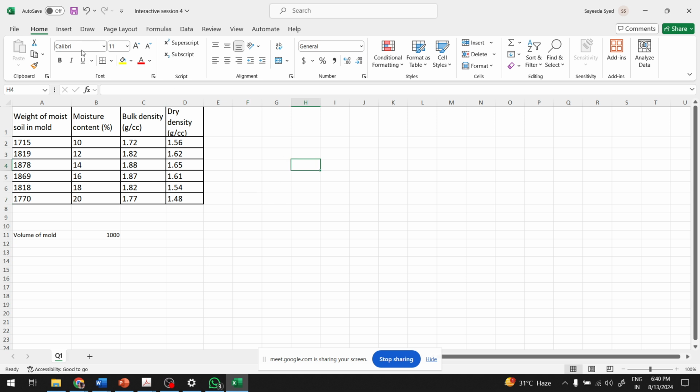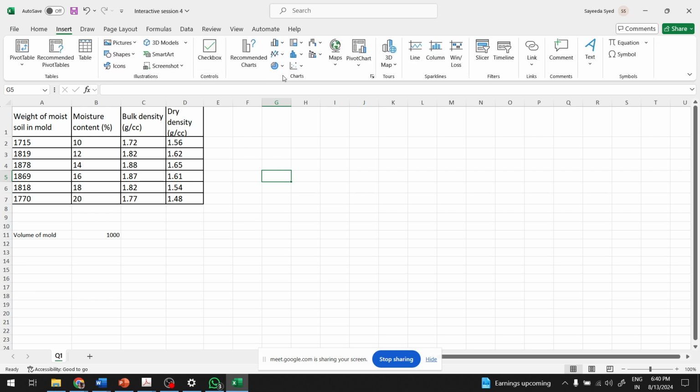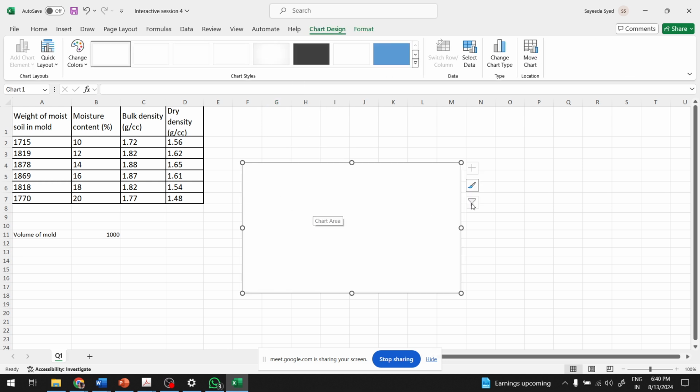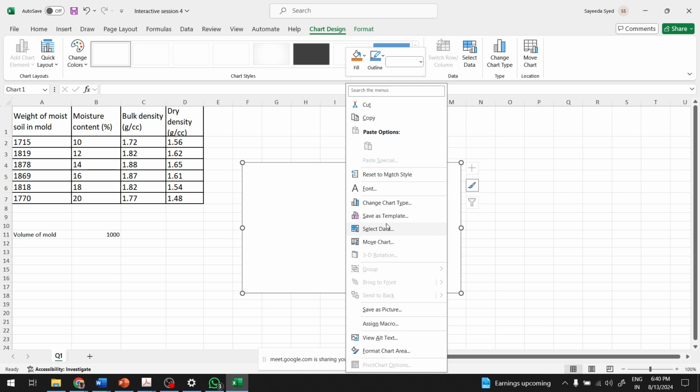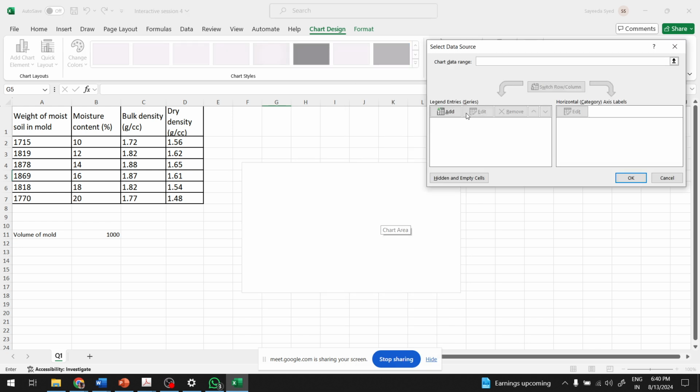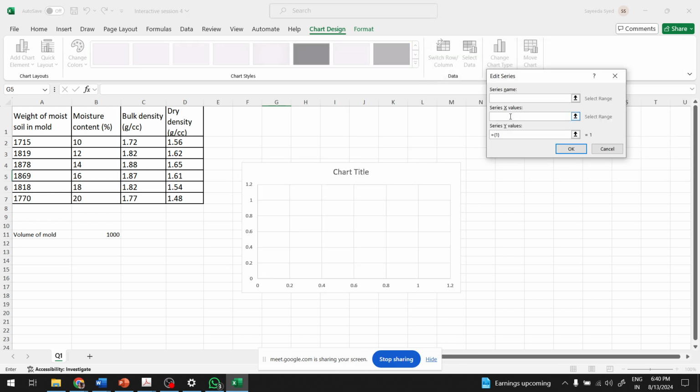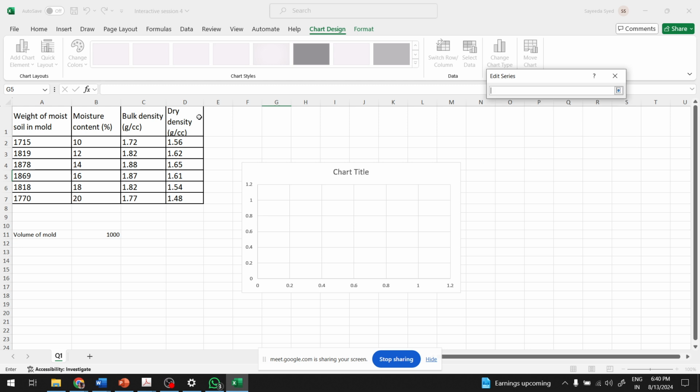Now let us plot the moisture content versus dry density. Let us insert a chart. On the x-axis, we will have the moisture content.